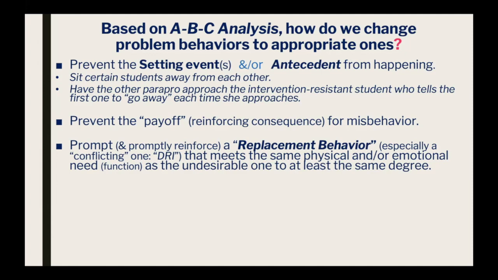Maybe it's one where the inappropriate behavior can't be done at the same time as the replacement behavior. We block that misbehavior in a procedure known as DRI, differential reinforcement of incompatible behaviors. You'll study it in the module. Again, big words for rather simplistic ideas.